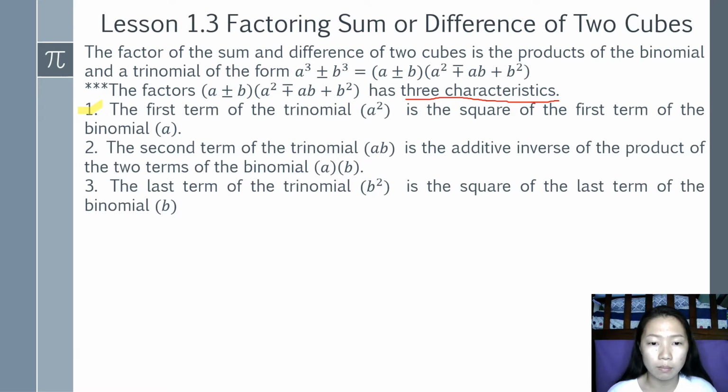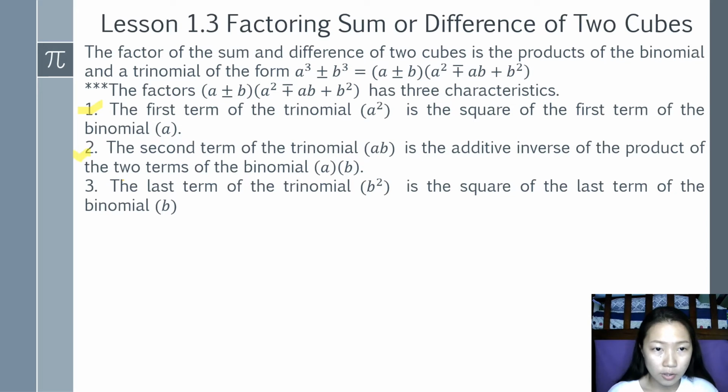The first term of the trinomial, nasaan ang first term ng trinomial? A squared. Is the square of the first term of the binomial. Nasaan ang first term ng binomial? This one. Tama nga naman, siya talaga ang square, because a times a is a squared. So, yan ang unang characteristic ng form na yan.